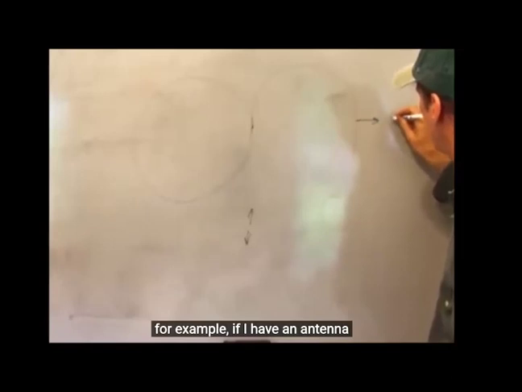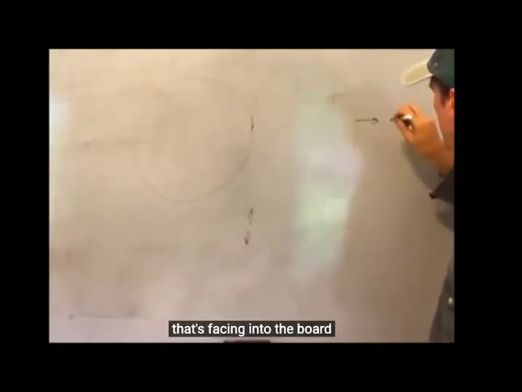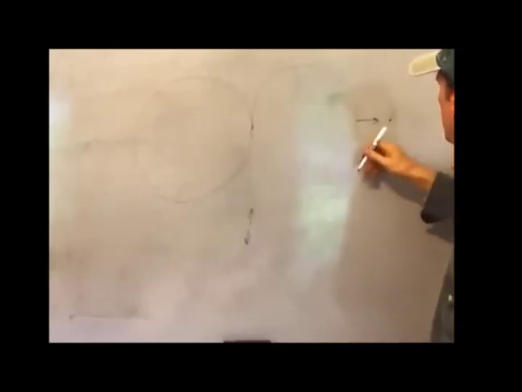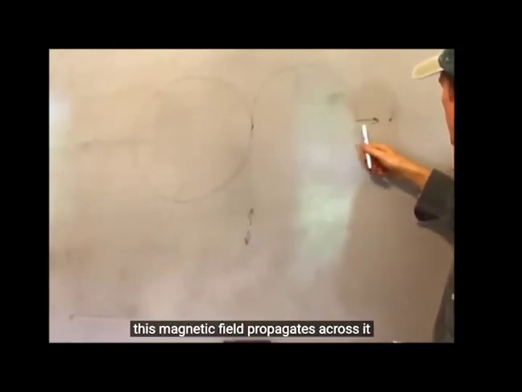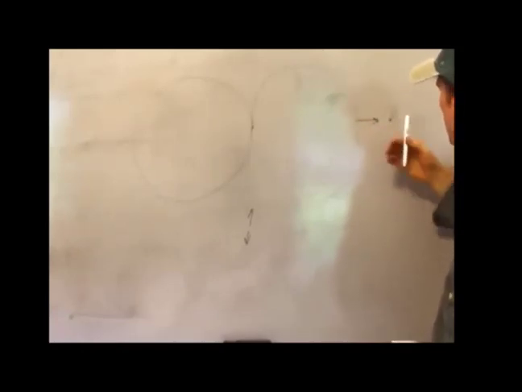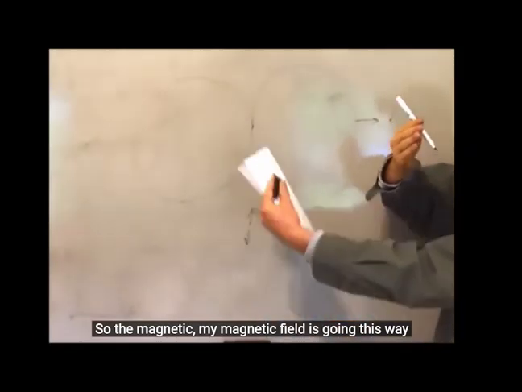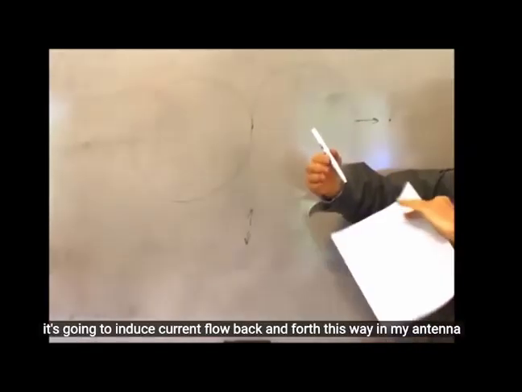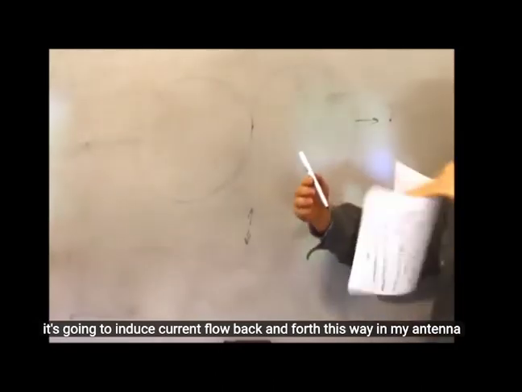So, for example, if I have an antenna that's facing into the board, and this magnetic field propagates across it, so my magnetic field is going this way, it's going to induce current flow back and forth this way in my antenna, and that's how I pick it up.